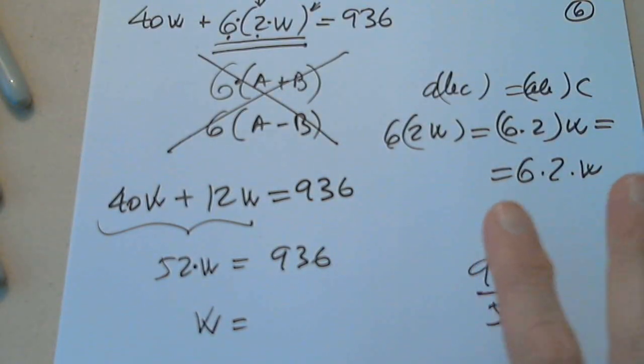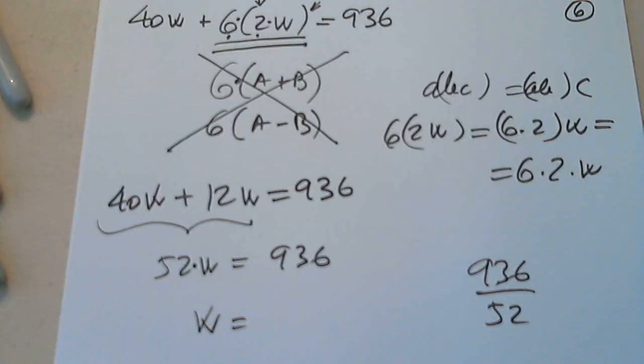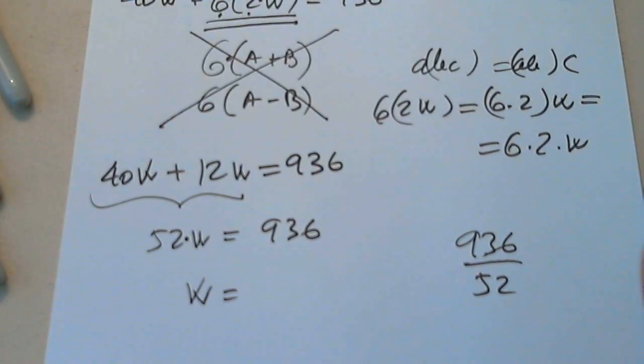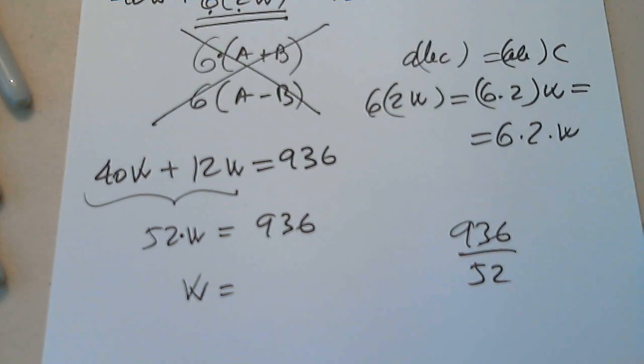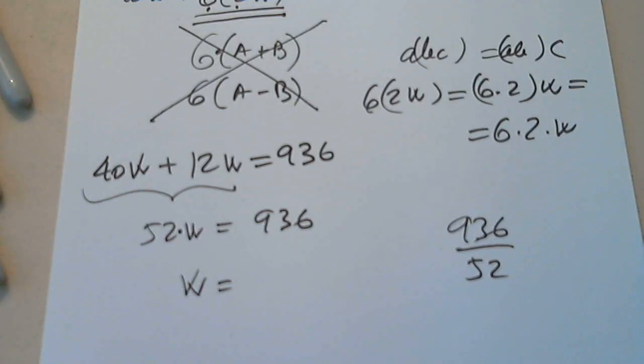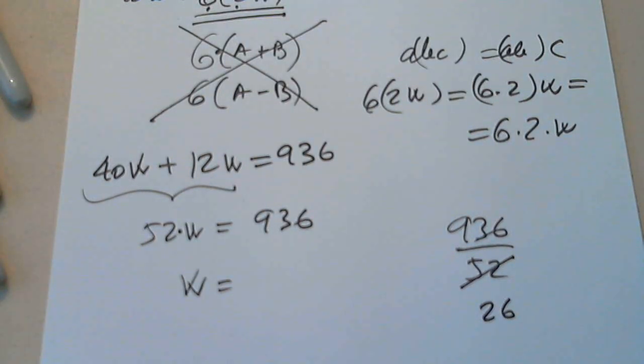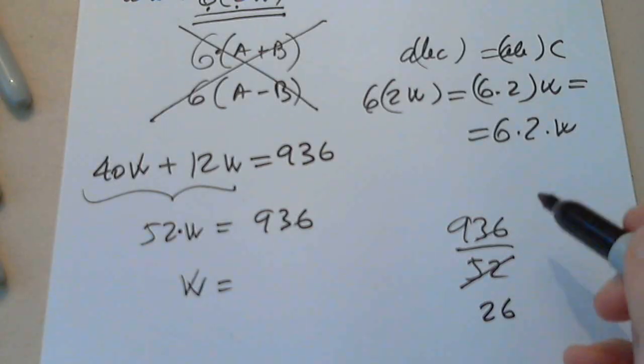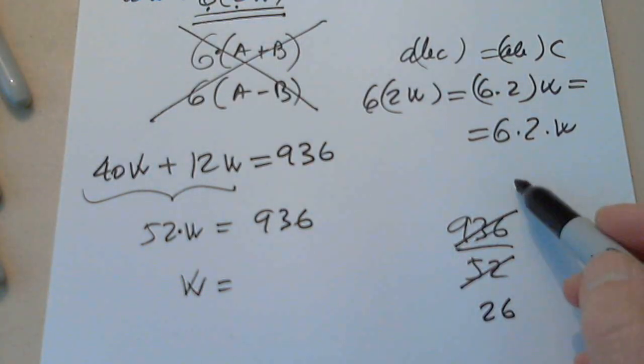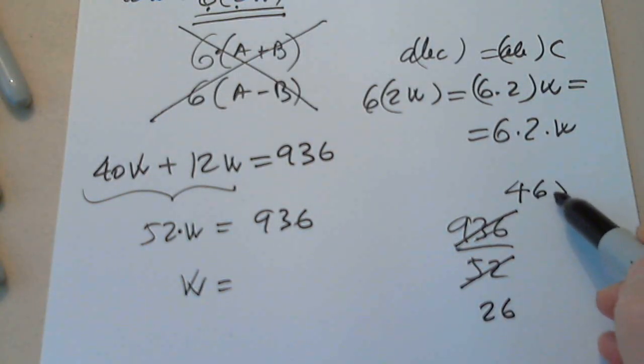Let's say I can show you with a calculator, but let's say I don't have a calculator. And I don't want to divide. I want to simplify. Yes. So I see both are divisible by 2 because they are both even numbers. 52 divided by 2 is 26. 936 divided by 2 will be 468.